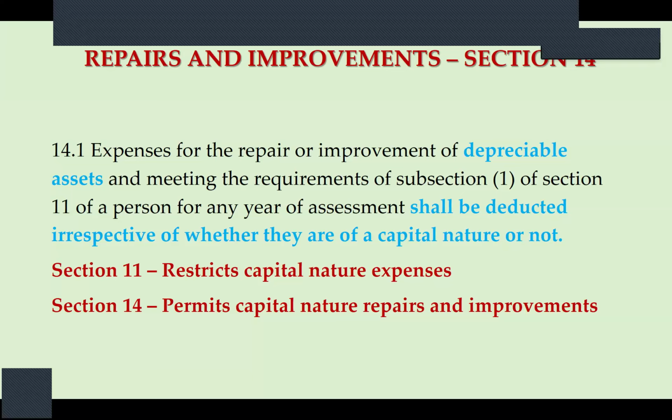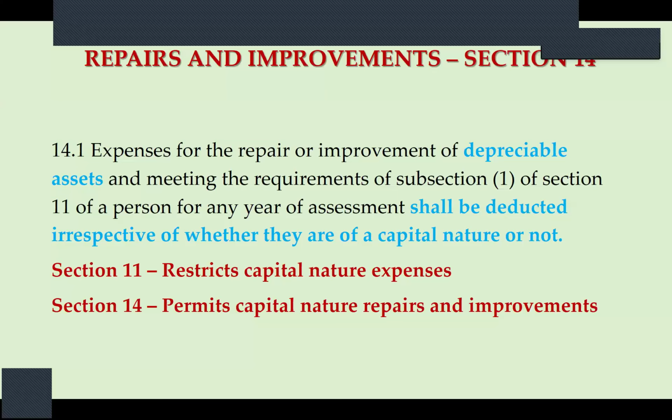But the repair or improvement expenditure can be either of a capital nature or a revenue nature. Without considering whether that is capital nature or revenue nature, we can deduct the total expenditure. I think you remember that under section 11 I explained that expenditure can be deducted if it is incurred in the production of income, but capital nature expenditure was not allowable under section 11.